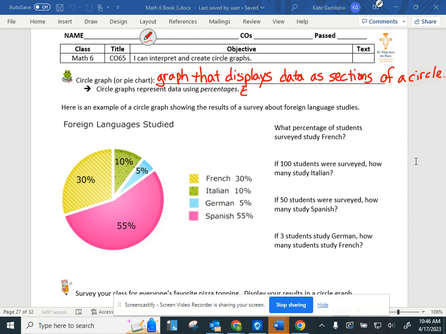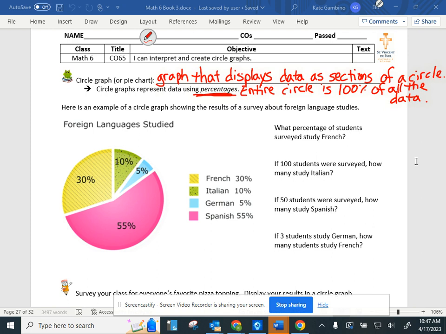The entire circle is 100% of all the data. So when we look at our percentages, because circle graphs use percentages, the whole circle is 100%.